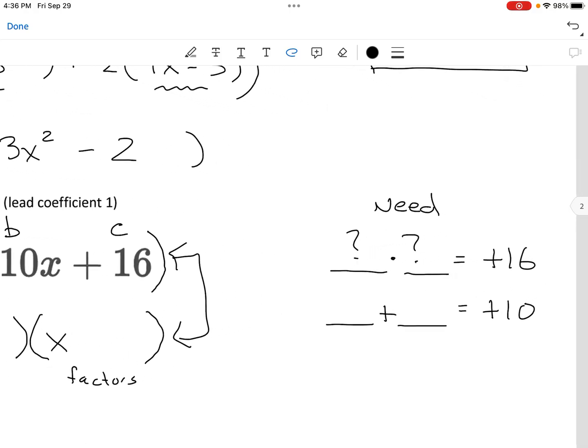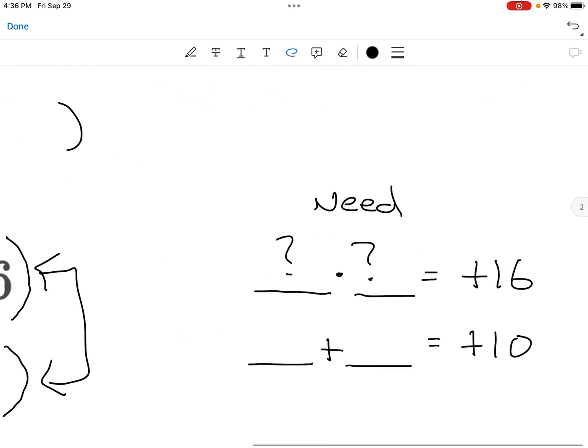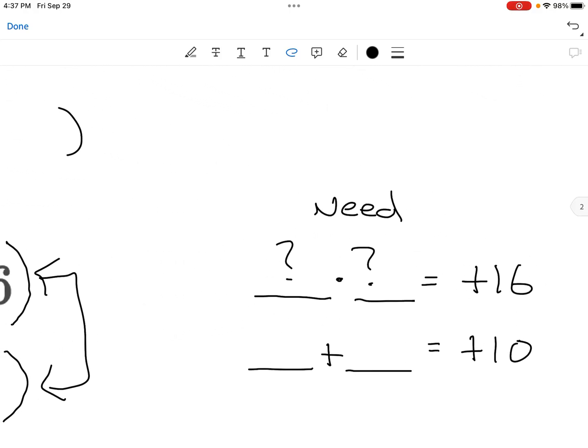But let's think about it. What 2 numbers when you multiply give you 16, that when you also add them give you plus 10? One thing you can do is think about all the numbers that multiply to give you 16. 1 and 16, yes, but 2 and 8, and then we've also got 4 times 4.